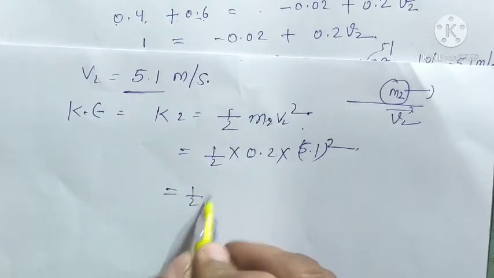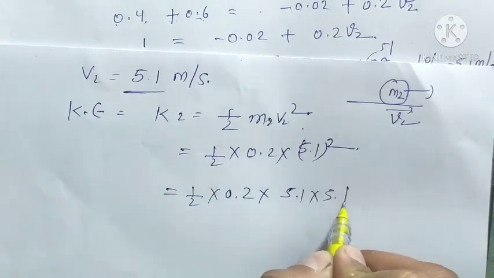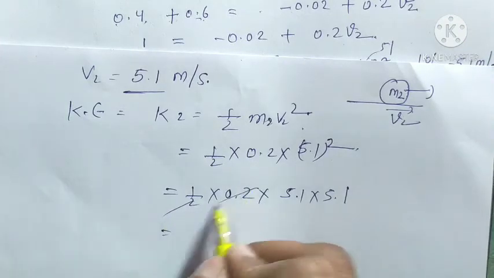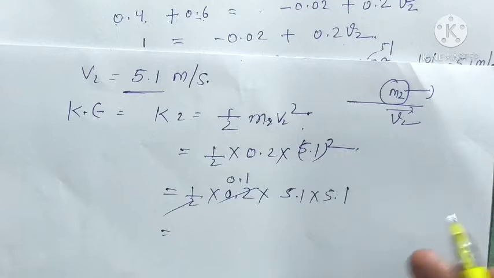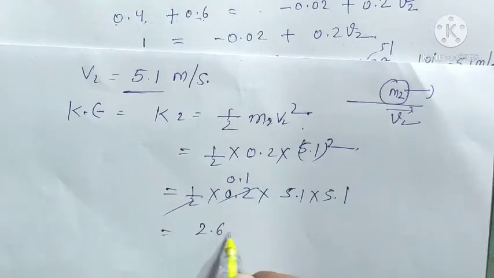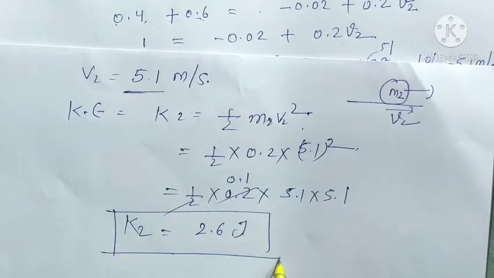So it's equal to half into 0.2 into 5.1 into 5.1. After solving, we write the answer directly: 2.6 joule. So K2, the kinetic energy of the second ball after collision, is 2.6 joule.